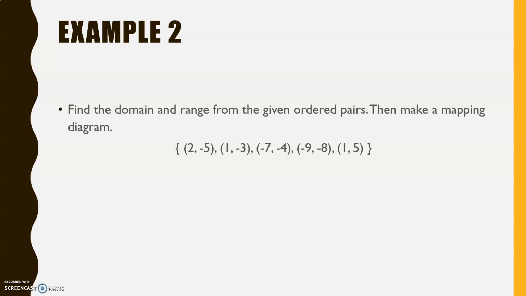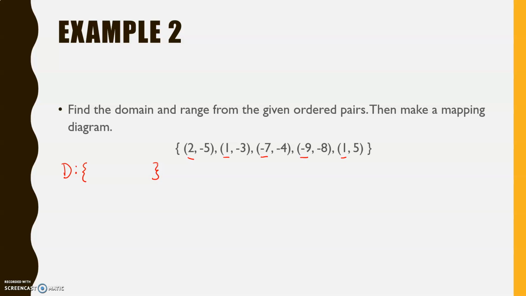Find the domain and range from the given ordered pairs, then make a mapping diagram. So first of all, domain is all of my x coordinates. If I look at my x coordinates, I've got 2, 1, -7, -9, and 1. With my domain, I start out with what I call face brackets.